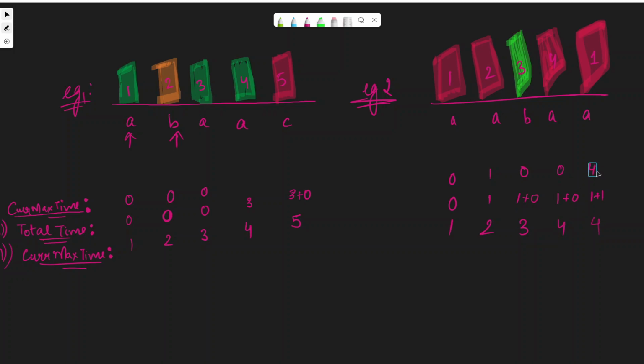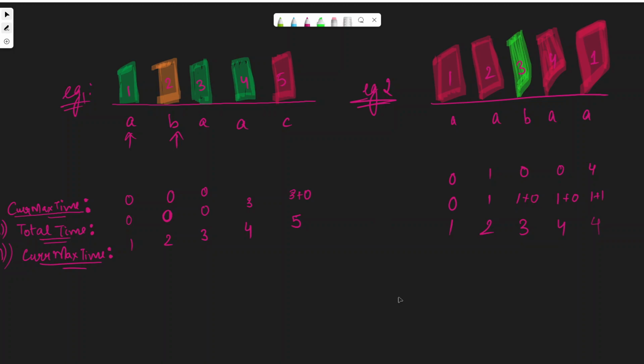So this is what we got. Then total time would be 1, basically the minimum out of current maximum time and whatever we are getting here. So that is the same. And then the maximum out of current maximum time and this, so that is 4, right? So at the end we will be getting 1 plus 1, 2 as the answer. And here we will be getting 3 as the answer.